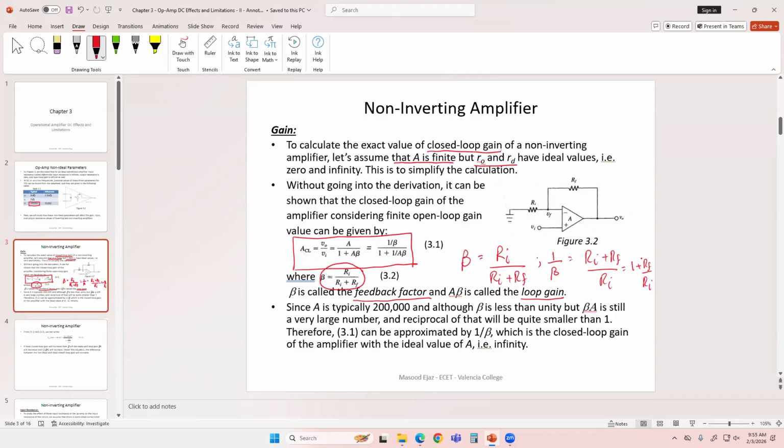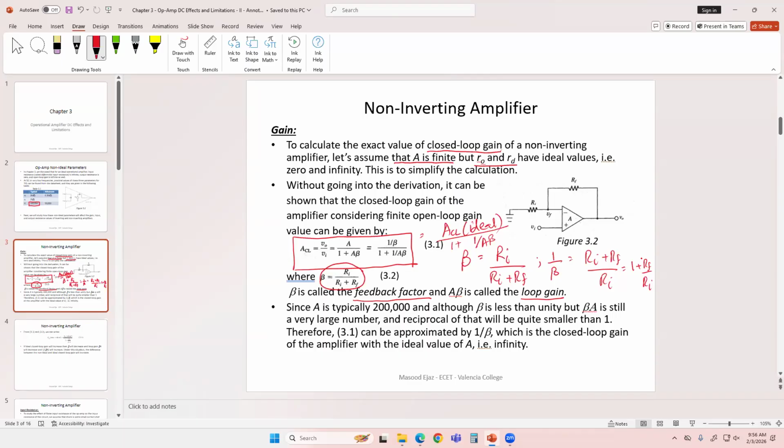So this expression can be written as ACL ideal, which is 1 over beta, over 1 plus 1 over A beta. Now remember, A is, let's say, 200,000 typical value, and beta is going to be less than 1 because beta is Ri over Ri plus Rf.